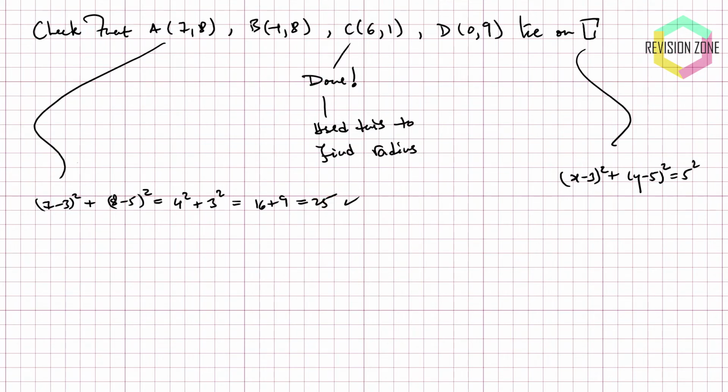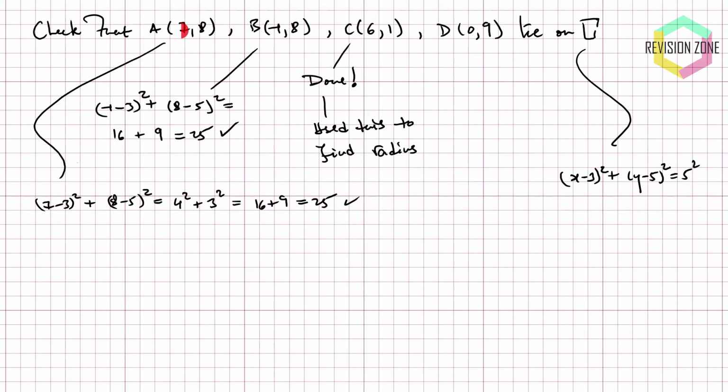That's good news. Let's try B. So again, I'm going to stick in x equals minus 1 and y equals 8. So minus 1 minus 3 squared plus 8 minus 5 squared. Well, minus 1 minus 3 is minus 4. Square that, you get 16. 8 minus 5 is 3, square that, you get 9, and 16 plus 9 is 25, so bingo, that satisfies the equation of capital C, so B is also on there.